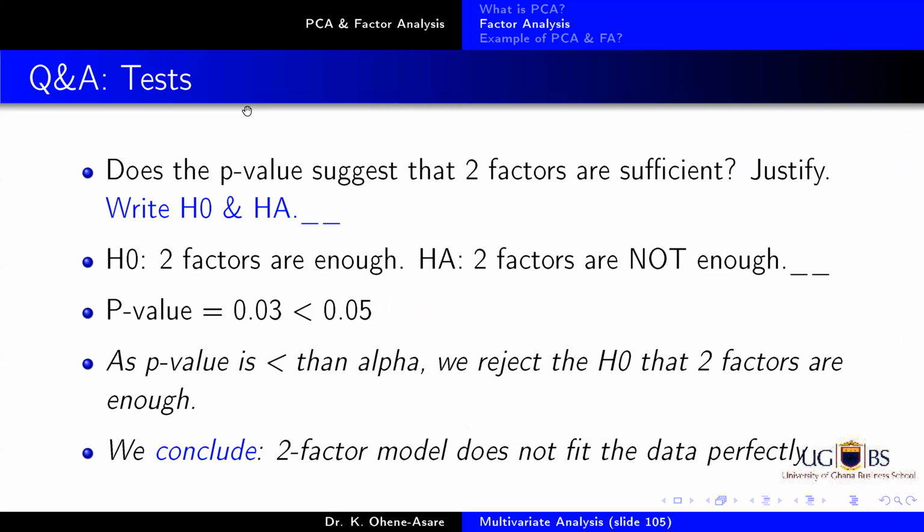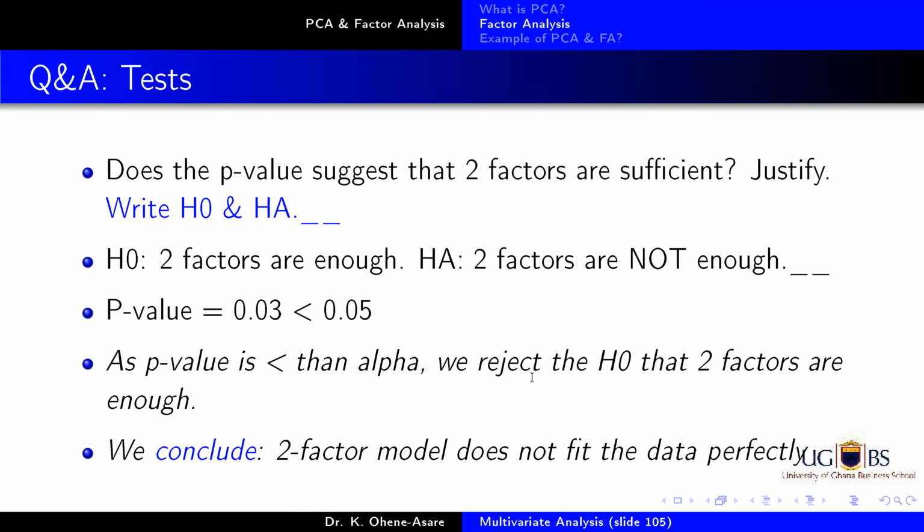The conclusion is that the two-factor model does not fit the data perfectly. Now, this is quite strange because of PCA, that's what we were told. But statistically speaking, it was close, but it doesn't work the way we want.